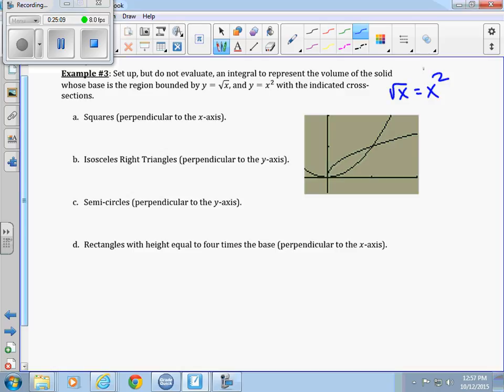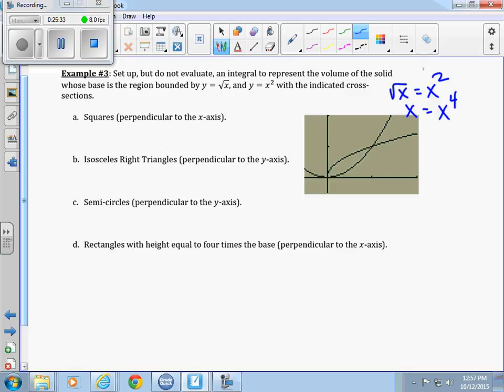Correct? Square both sides. Now, where do I go from there? A lot of you missed this. So you would get the 1 that way. Subtract the x over and factor. That's how you would get the 0 and the 1.